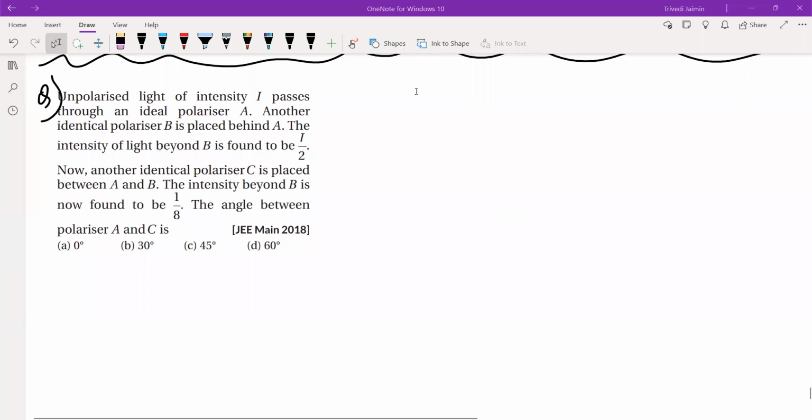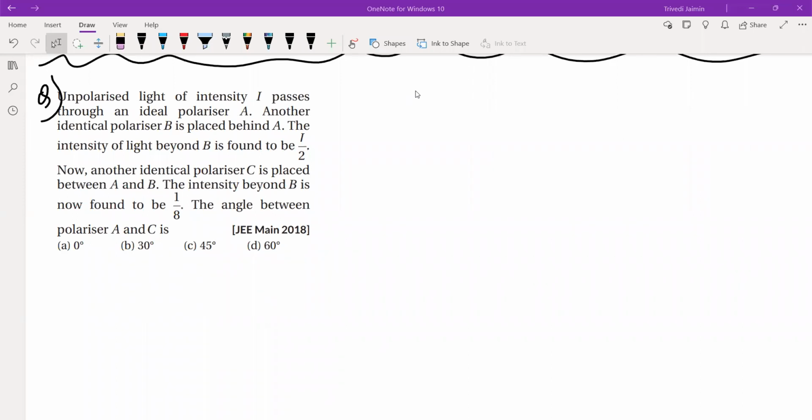Okay. So, unpolarized light of intensity I passes through an ideal polarizer A. Another identical polarizer B is placed behind A. The intensity of light beyond B is found to be I by 2.